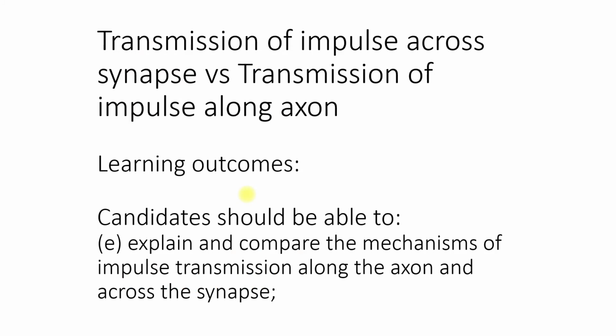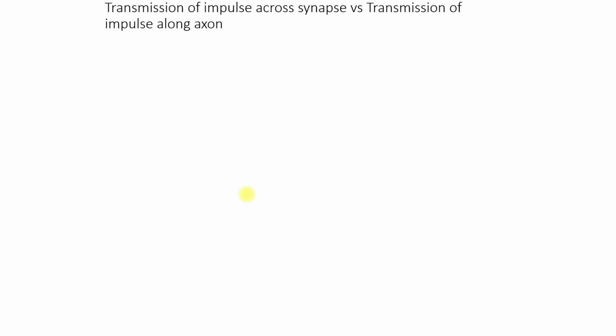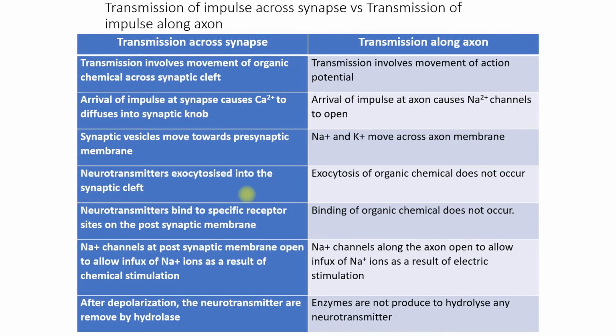Now, let's make a comparison of transmission of impulse across the synapse with the transmission of impulse along the axon. Transmission of impulse across the synapse involves movement of organic chemical across the synaptic cleft, which is the neurotransmitter or acetylcholine, while the transmission of impulse along the axon involves movement of action potential.